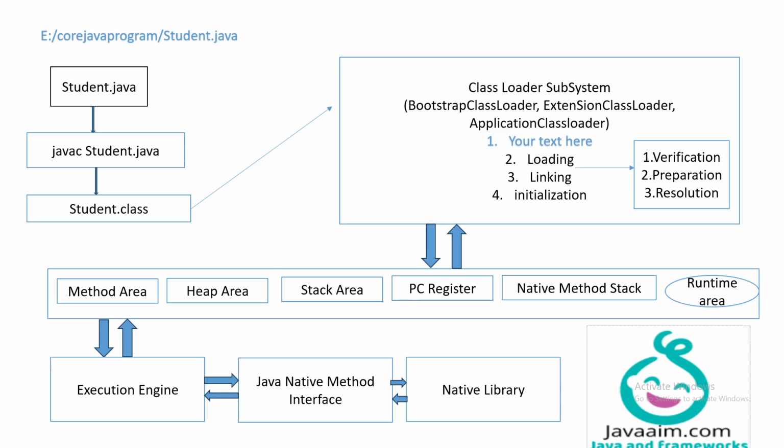Where exactly will these symbolic representations be? Whenever a class is getting loaded, for each and every class in JVM, one constant pool will be maintained. All these symbolic representations will be there. Then in method area, it's like Student.class file has been loaded. Similarly, whenever it finds a symbolic representation of a class, an interface, or an enum, it will load that respective class to method area.